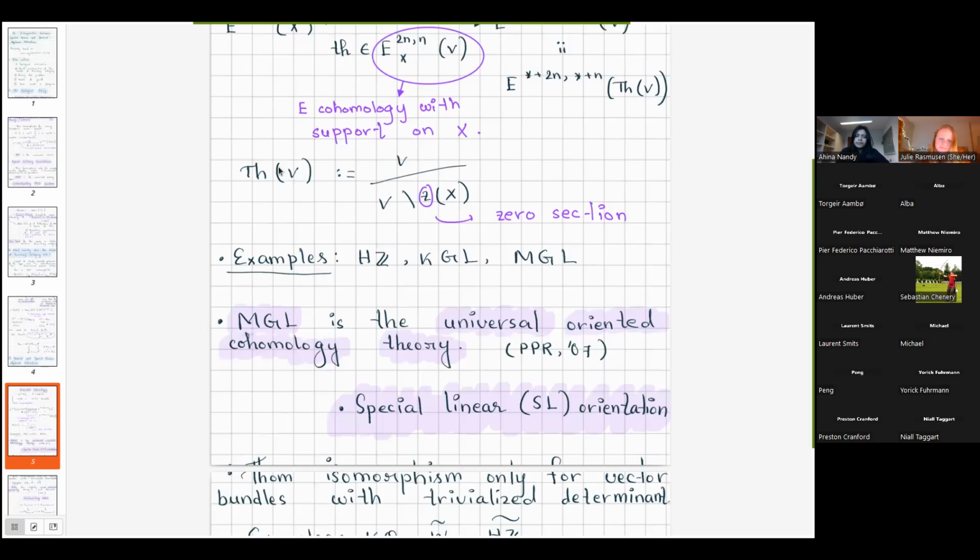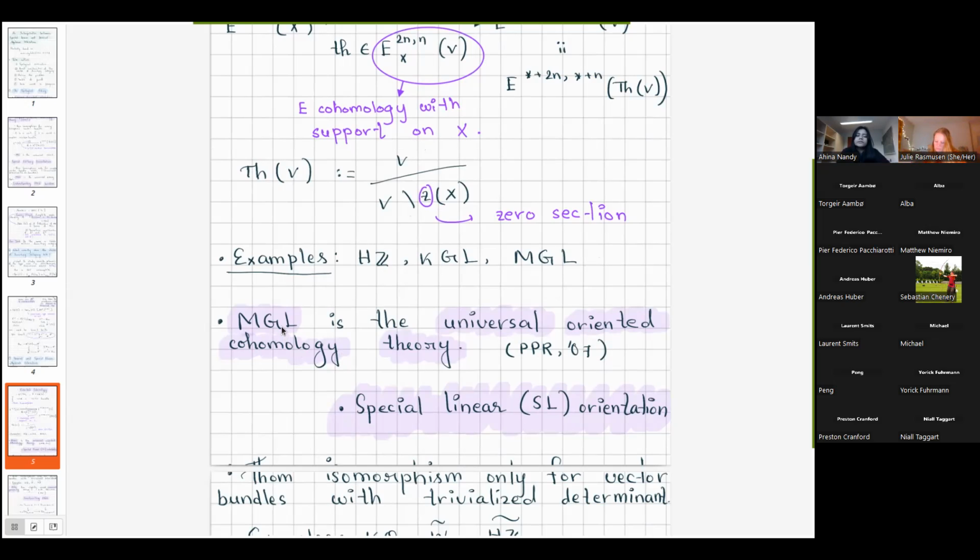Now, taking such a quotient doesn't make any sense if you are in schemes, but we are taking it in the presheaf category, so everything makes sense. Examples of such theories are motivic cohomology, which is kind of an analog of, say, singular cohomology, algebraic K-theory, and algebraic cobordism. I will give a construction of algebraic cobordism.